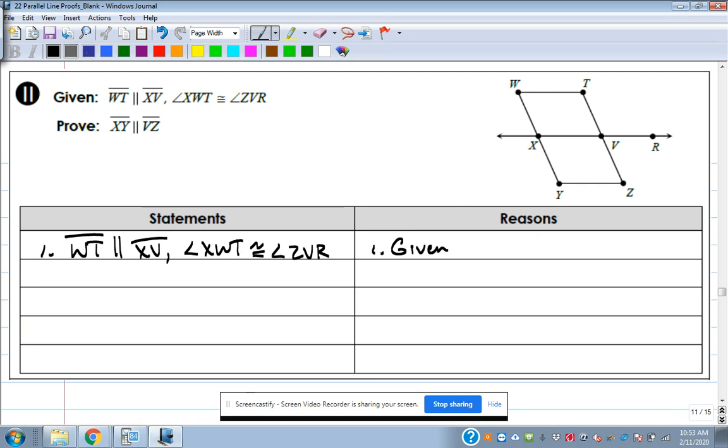WT parallel to XV opens up a lot of things as far as angles go. WT and XV being parallel gets us all those angle relationships. So what could we use that would get us in the right direction there?